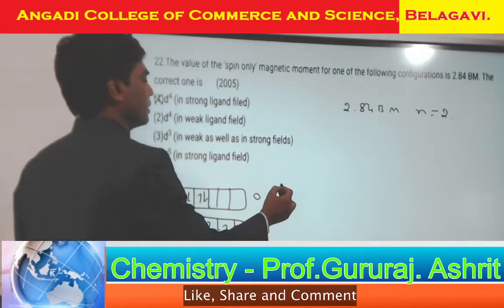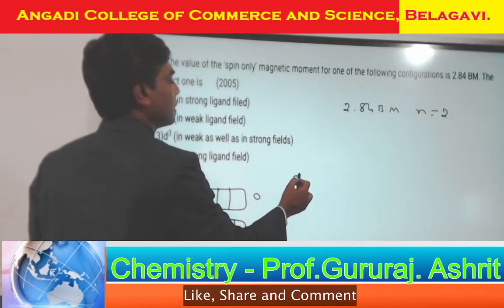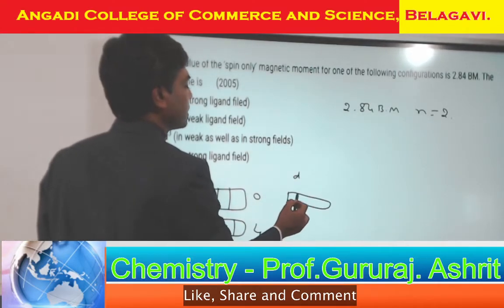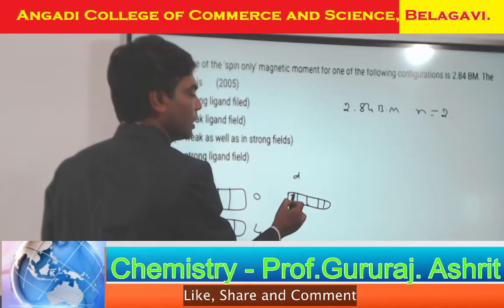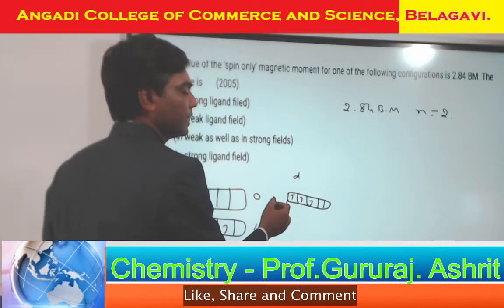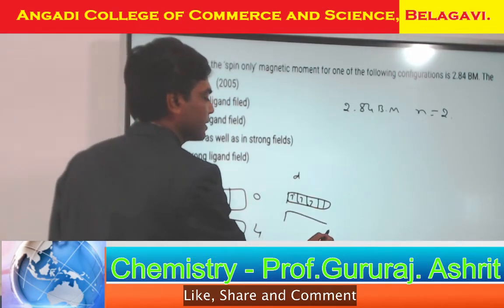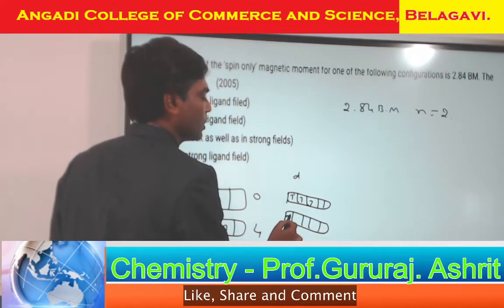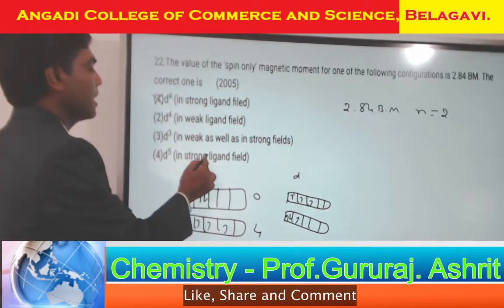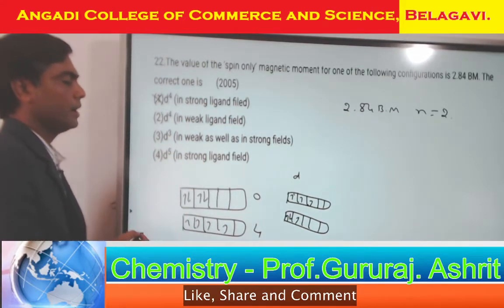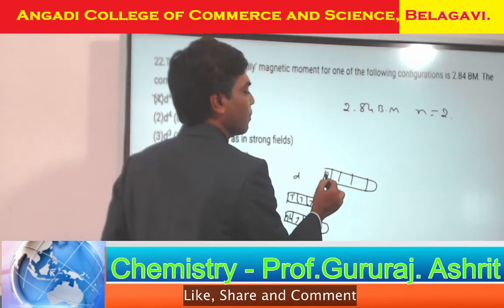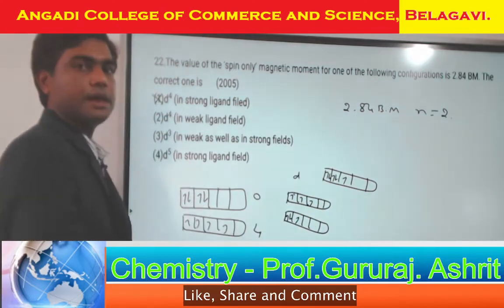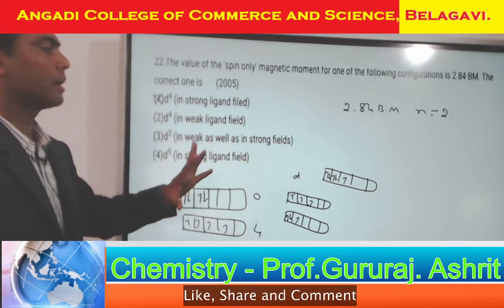Okay, so here d3 means 3 electrons. Weak as well as strong he is asking. So 1, 2, 3: it is weak field ligand. If it is strong, it will become 1, 2, 3 like that. And the last one is d5 in strong field ligand. So d5 means here you can see 1, 2, 3, 4, 5.